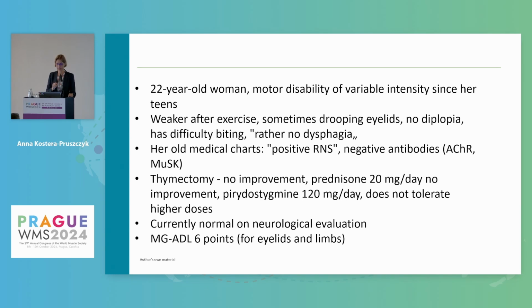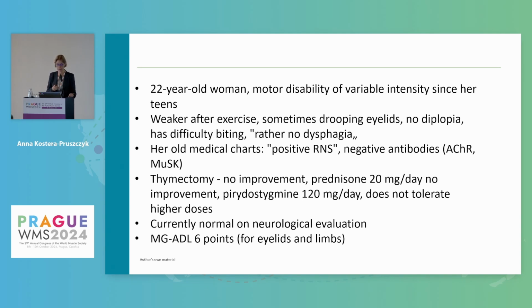A 22-year-old lady with motor disability of variable intensity since her teens. She was weaker after exercise. She had sometimes droopy eyelids, no diplopia, has difficulty biting occasionally, no dysphagia. Her old medical records say she had positive repetitive nerve stimulation test, no information what muscle was tested, no information what was the degree of the decremental response.